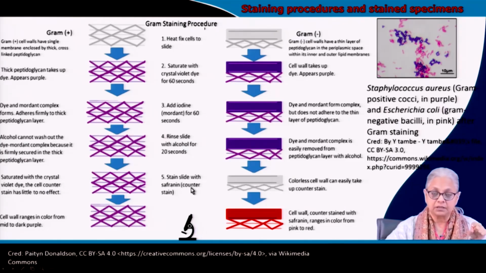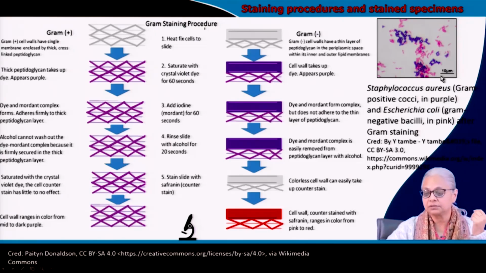Then you counter stain it. Just to make it visible, you stain it with a counter stain called safranin. Safranin is orangish reddish in color. So the cell wall as well as the peptidoglycan layer will now show as pink or red, and since the inner membrane and the peptidoglycan are intact, you can still visualize the cells.